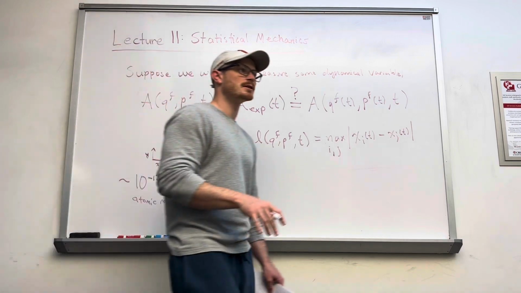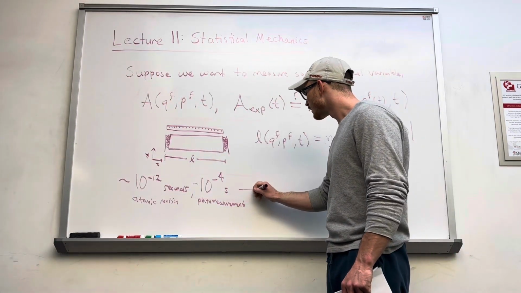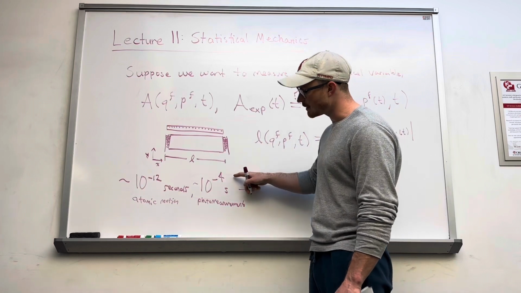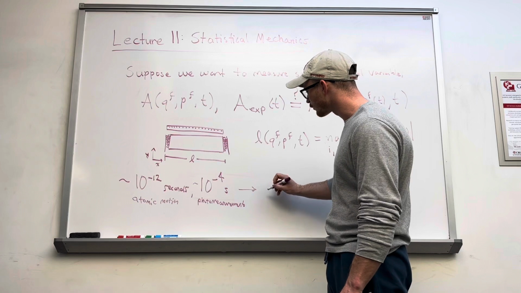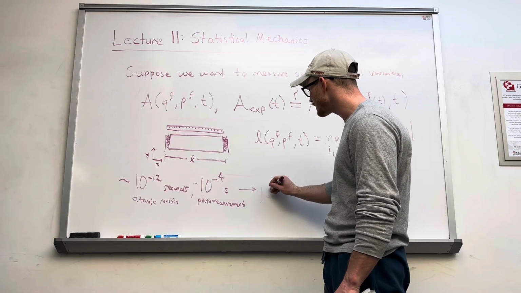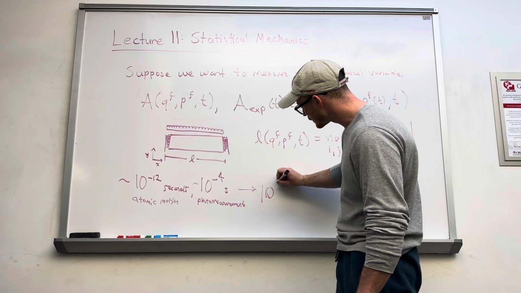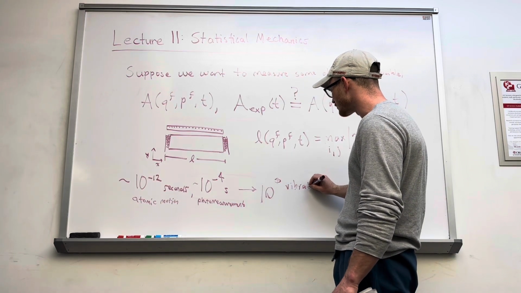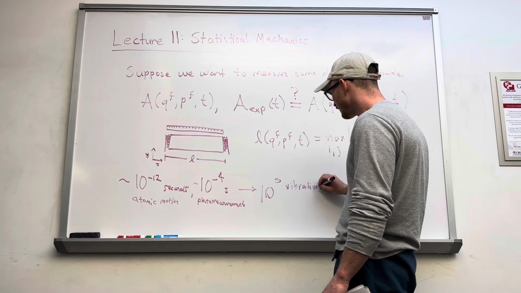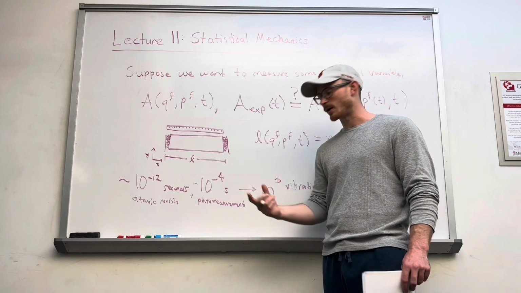Looking at the difference in these scales reveals that over the time that this measurement is taken, the atoms will go through approximately 10 to the 8 vibrations. 10 to the 8 vibrations over the amount of time that we measured it. That's an extremely large number of changes in this system.